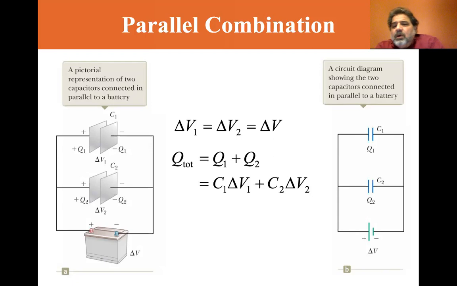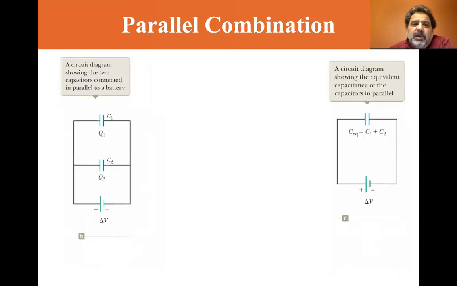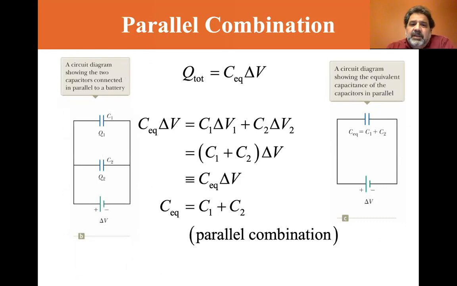So the Q total is equal to Q1 plus Q2. So that's capacitor 1 times delta V1 plus capacitor 2 times delta V2. So Q total is equal to C equivalent times delta V. So C equivalent delta V is equal to C1 delta V1 plus C2 delta V2.